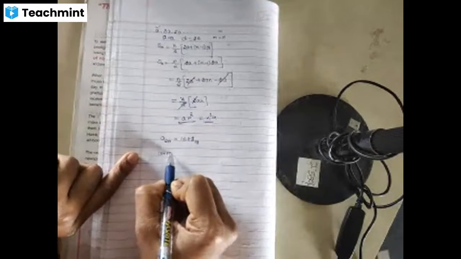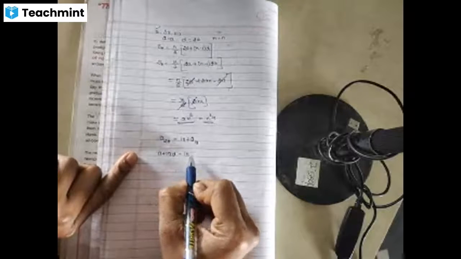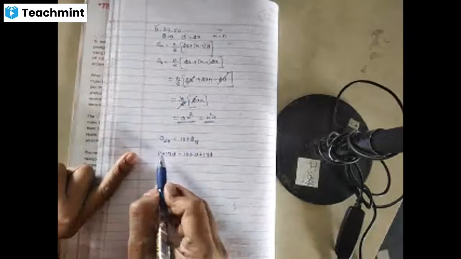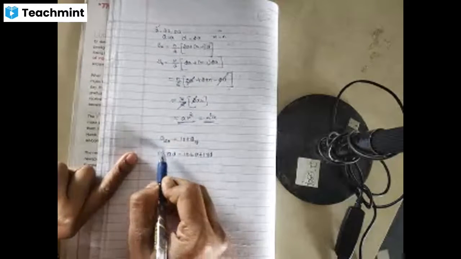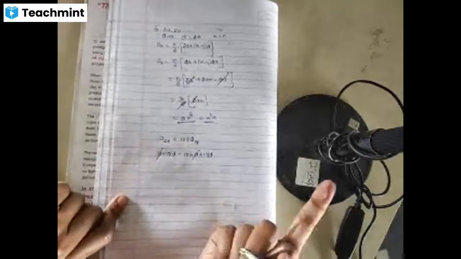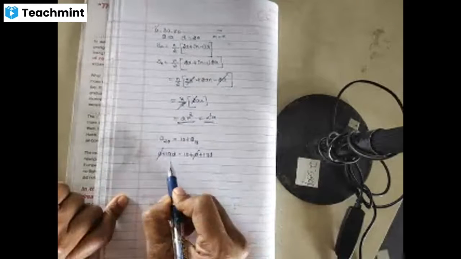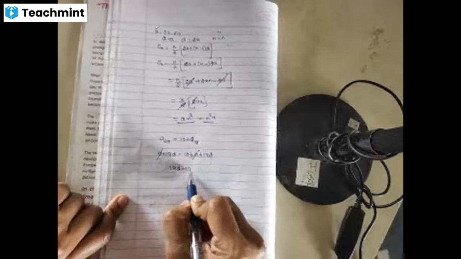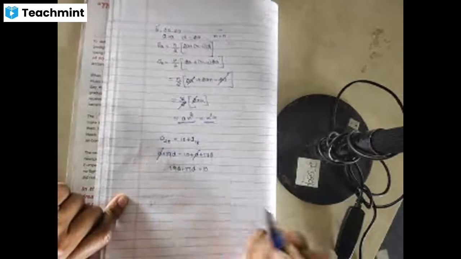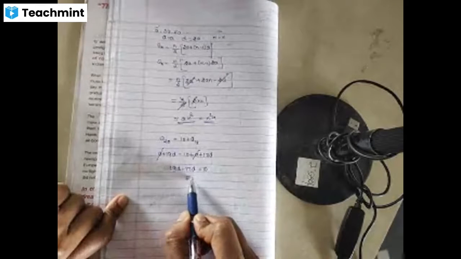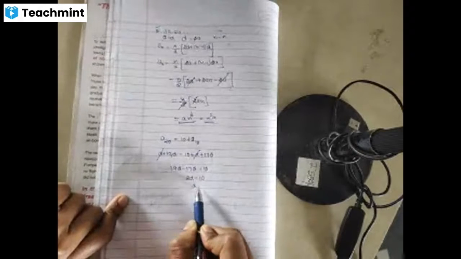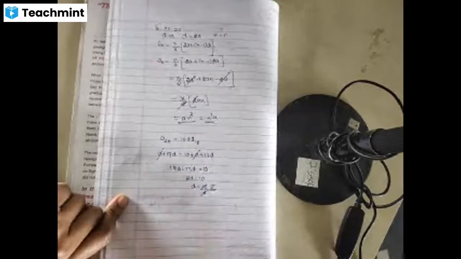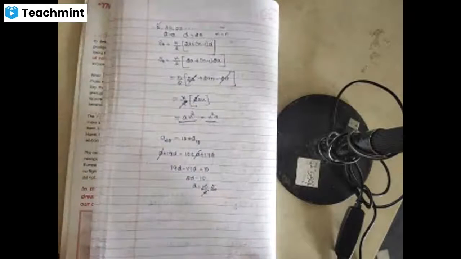A plus 19D is equal to 10 plus A plus 17D. So on both sides A is there, we can cancel it. A minus A is 0. 19D, this D term I will take here, minus 17D, so remaining here is 10. This becomes 2D equal to 10. D is equal to 10 by 2, which becomes 5. So the value of the common difference is 5.